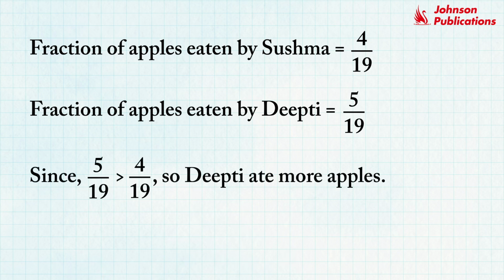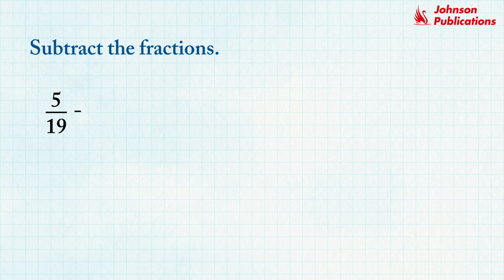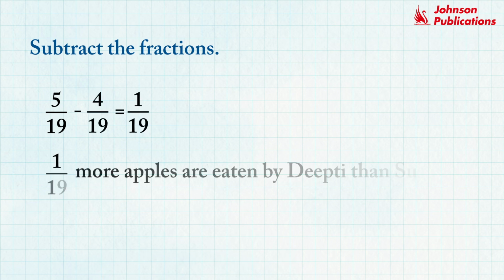Since 5 by 19 is greater than 4 by 19, so Deepthi ate more apples. To find out how many more fraction of apples were eaten by Deepthi than Sushma, subtract the fractions. 5 by 19 minus 4 by 19 equals 1 by 19. Thus, 1 by 19 more apples are eaten by Deepthi than Sushma.